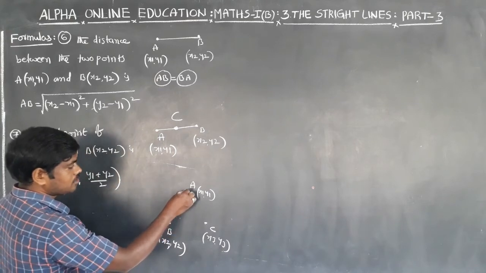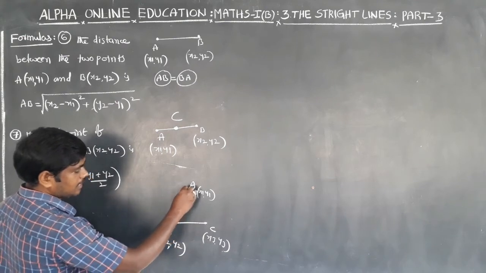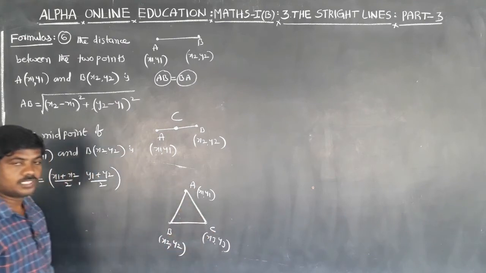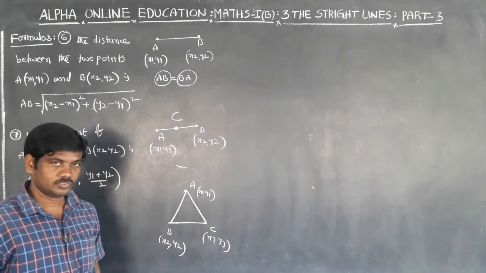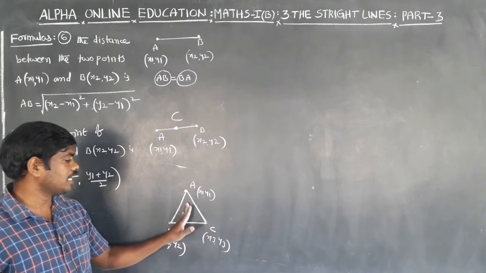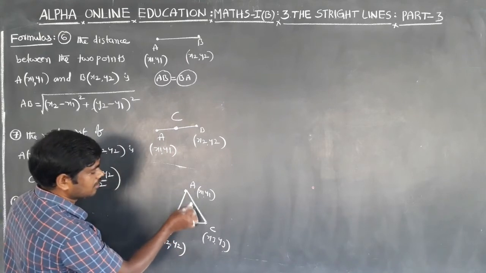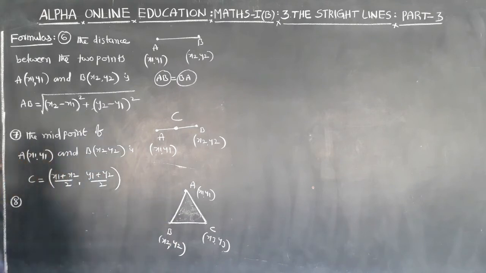The lines joining AB, BC and AC form a triangle. Here this is the area of the triangle formed by the 3 points.